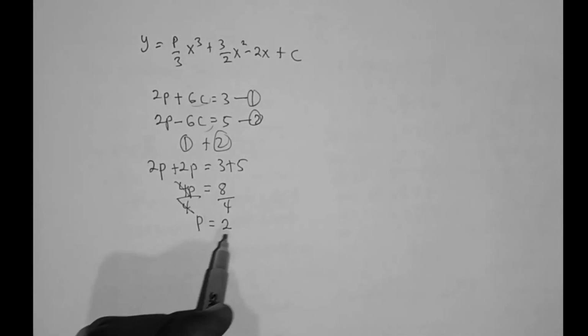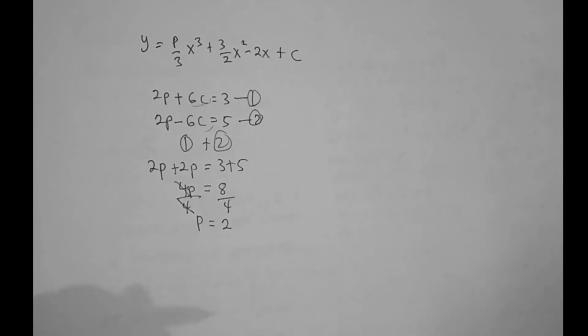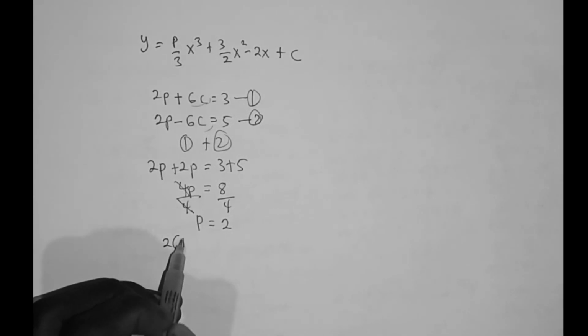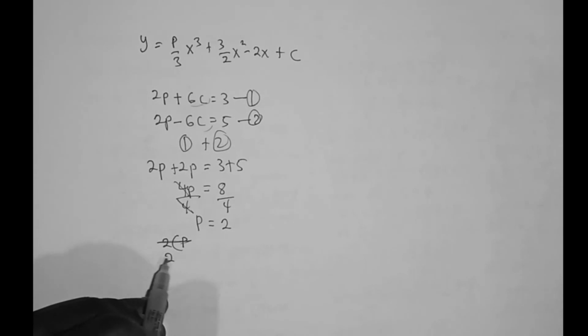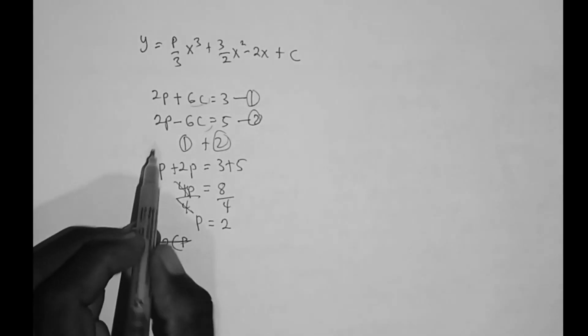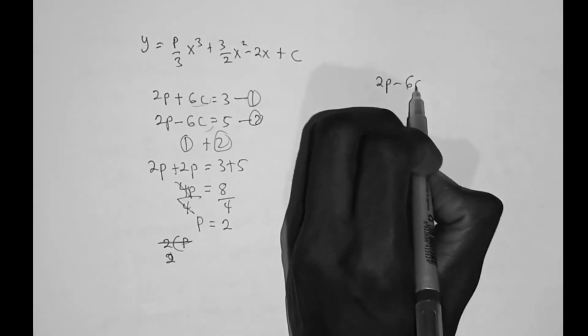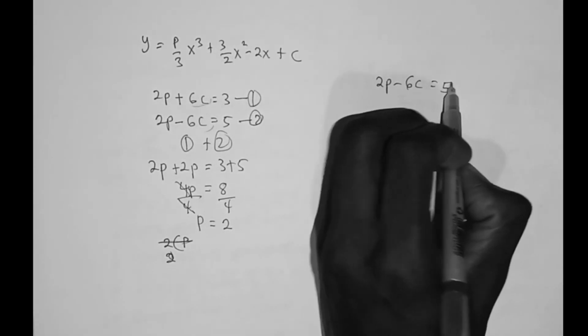So let's put p in equation 2 and find the value of c. So from equation 2, let me do it here. Equation 2 is 2p minus 6c equals 5.